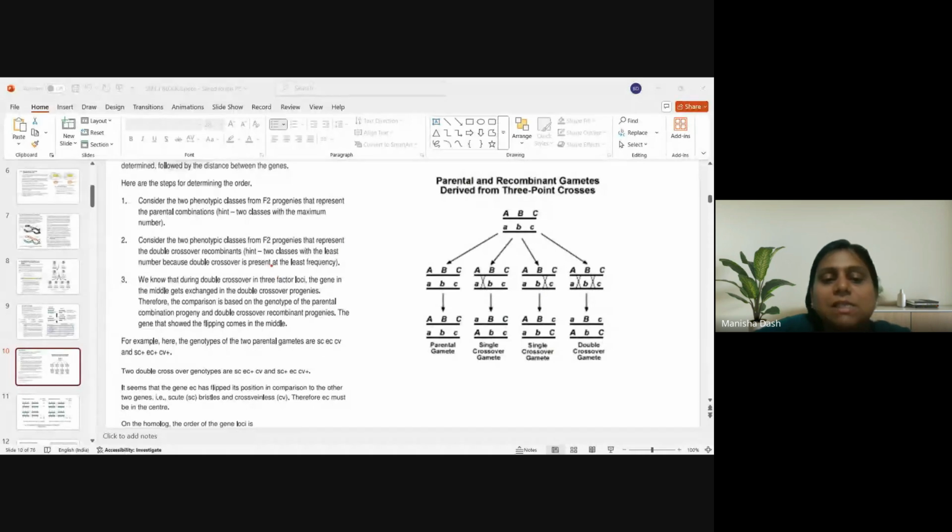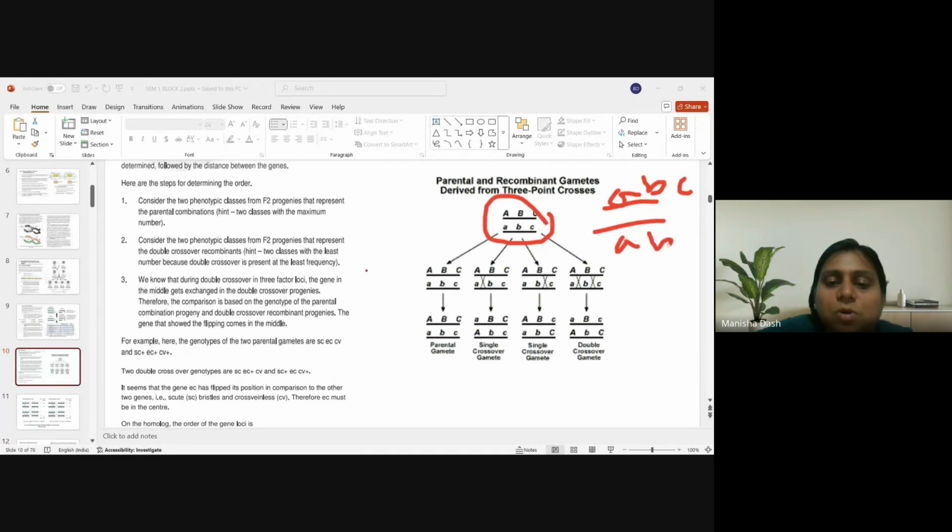The 3-point cross is always carried out between a hybrid and a double recessive mutant. The double recessive mutant has 2 recessive copies of each gene, small a, small b, small c, so you can have only one type of gamete from this.